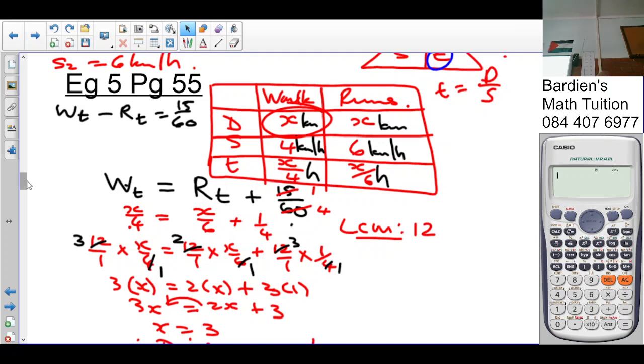Okay, what else did I give you? 7. Yeah, 20 tables with 3 legs and 16 tables with 4 legs. Number 7.